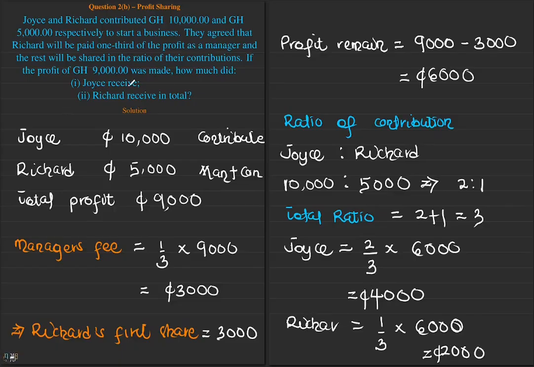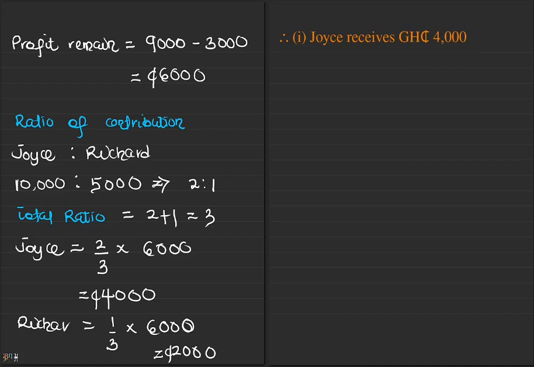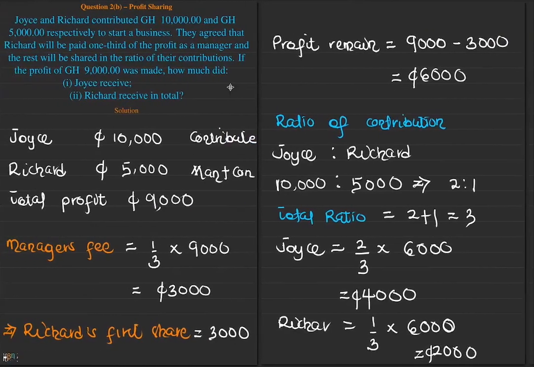So back to the question, it says, how much does Joyce receive? That is I. So we conclude by saying Joyce received what? This amount over here. So we say, therefore, Joyce received 4,000 cedis.